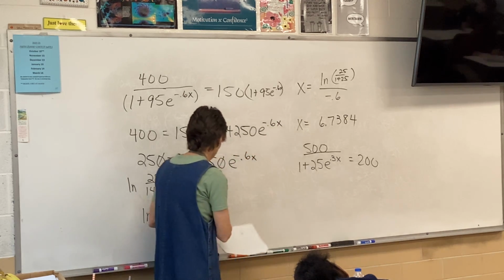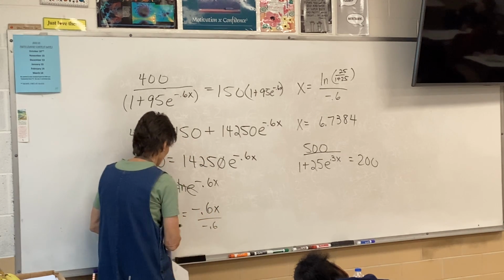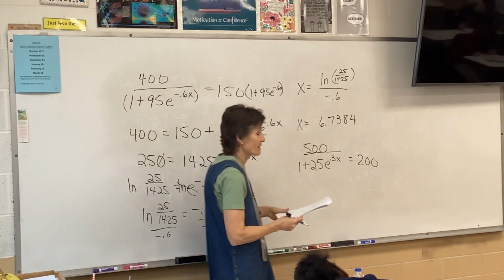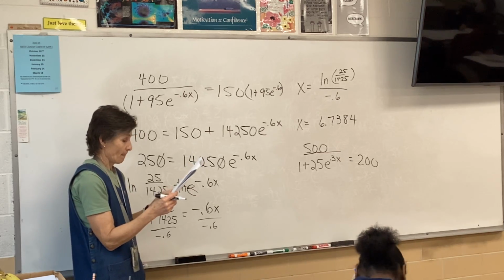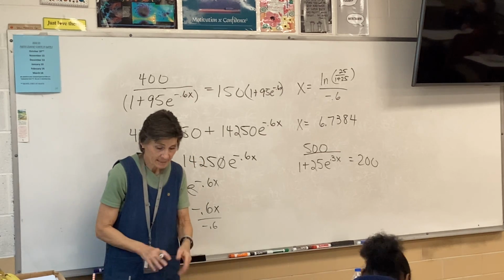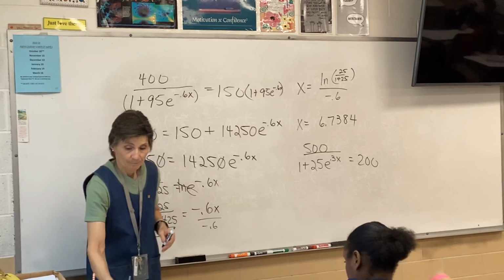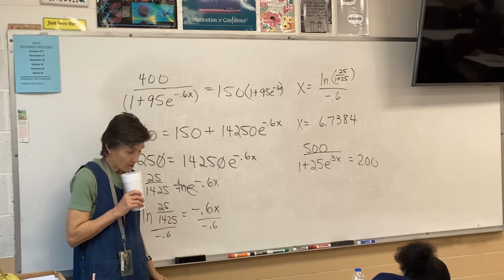Like its exponent? I divided this up. That's how this got there, to get x by itself. All right, so take a minute, see how far you can get with this before we tackle letter G.